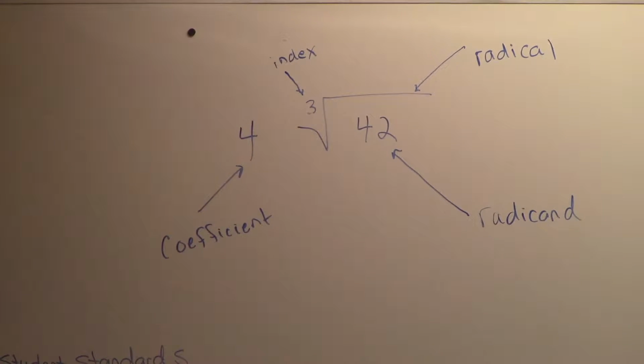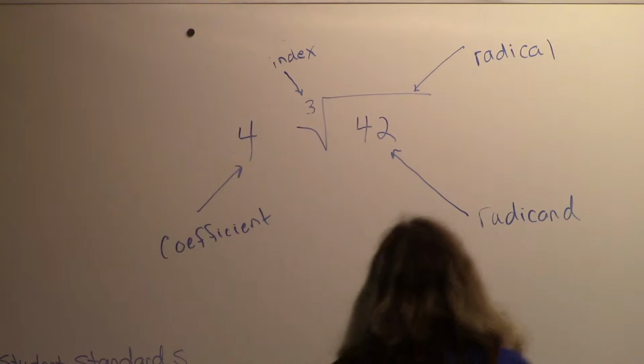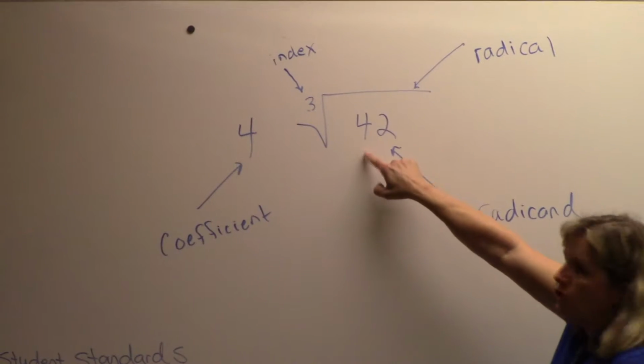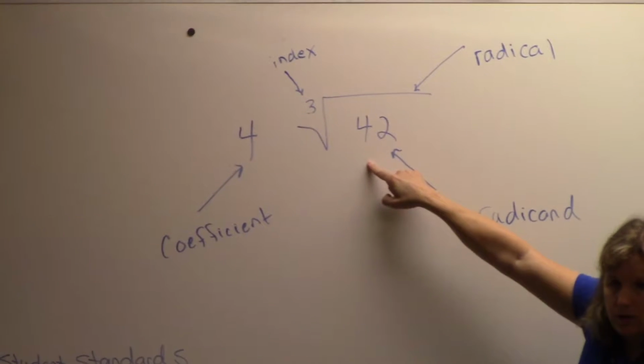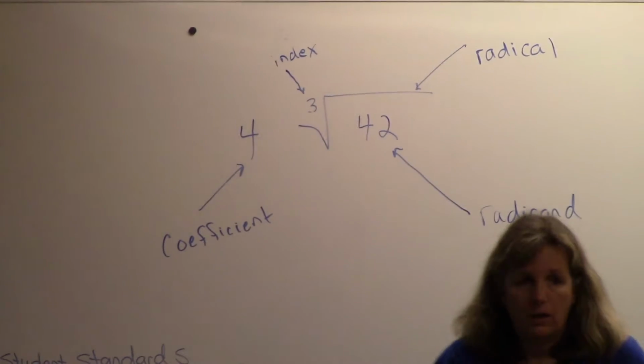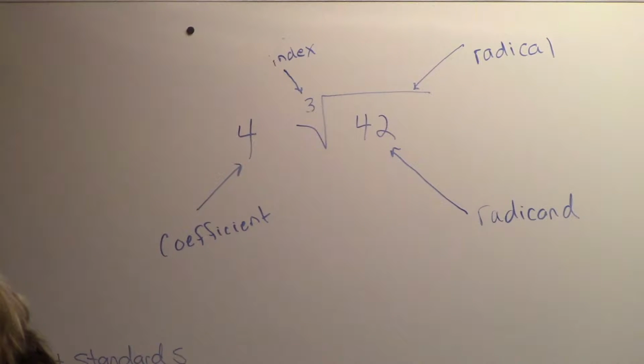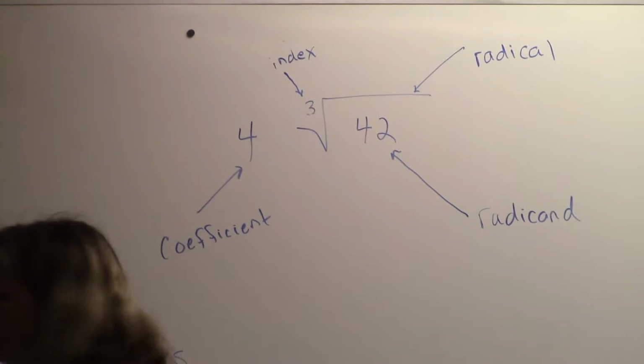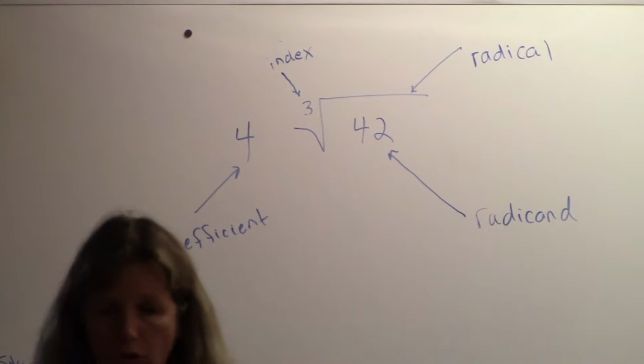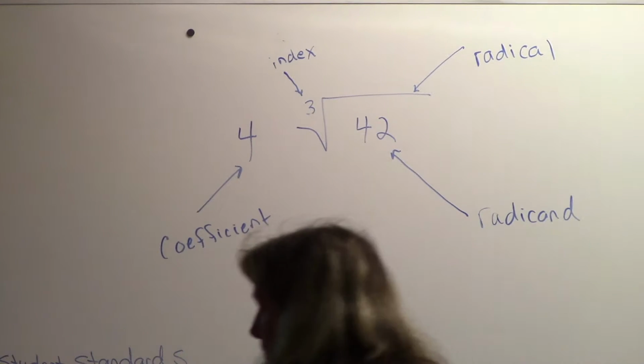So just to get the terminology straight: what needs to match when I'm adding and subtracting is my index, and what's underneath needs to match. So you fill in those words on your graphic organizer. And if you don't have it, I would make sure that terminology is on your paper as well.